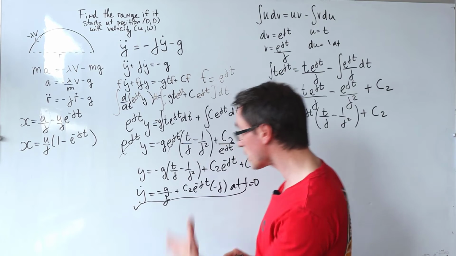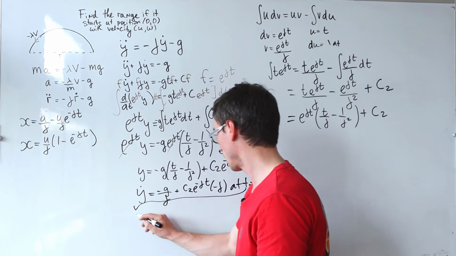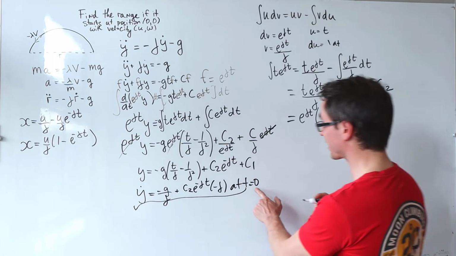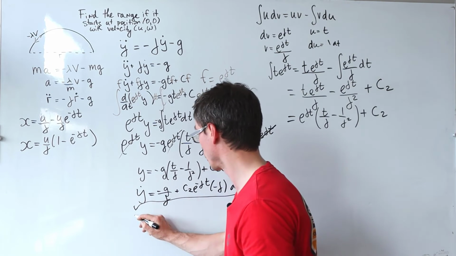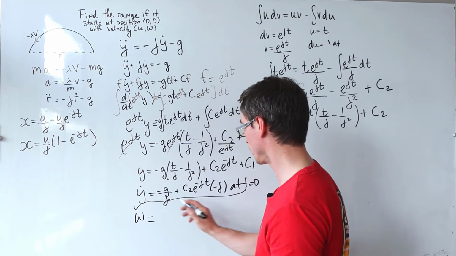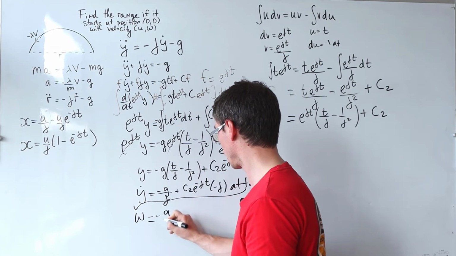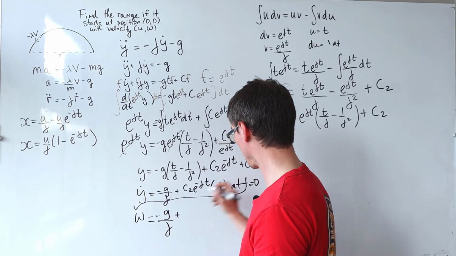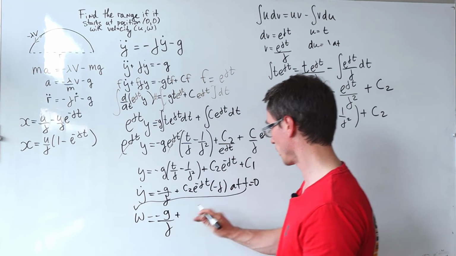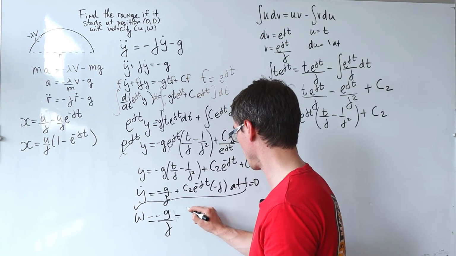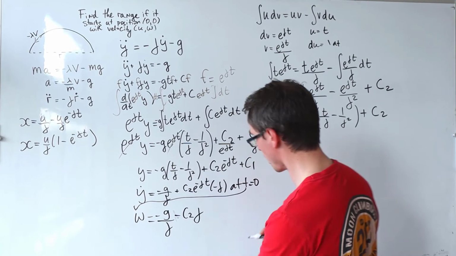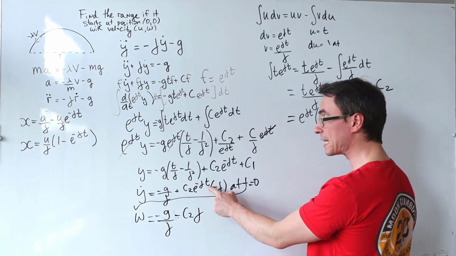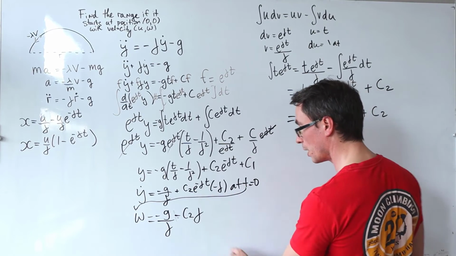So y dot at t is equal to 0 is just w. So we have w will be minus g divided by gamma plus C2 times minus gamma. I'm just going to write this as minus C2 times gamma. This term here will disappear because e to the power of 0 is just 1.